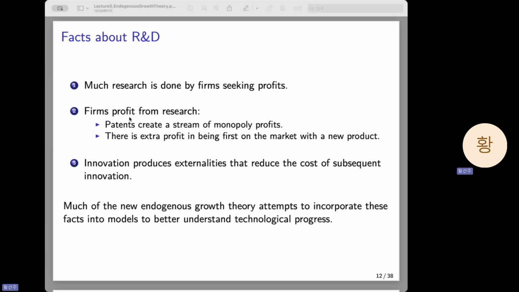But innovation also creates positive externalities. Once a new technology is discovered, it can help others innovate more cheaply. Because of these externalities, private R&D efforts alone are not enough to maximize social welfare.